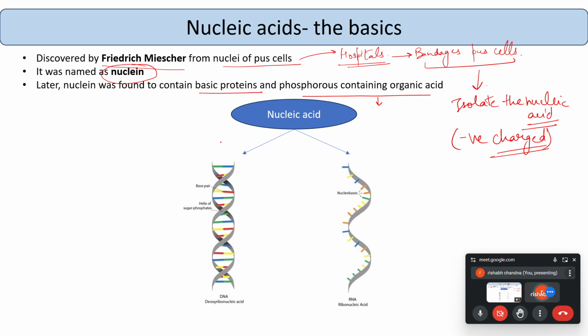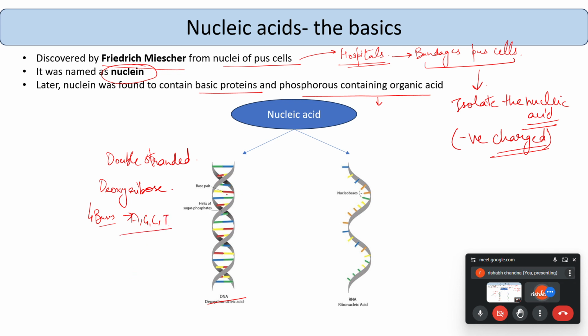So DNA is generally double stranded, and as the name suggests, it is deoxyribose nucleic acid. So the sugar is deoxyribose, and it consists of four bases: adenine, guanine, cytosine, and thymine.